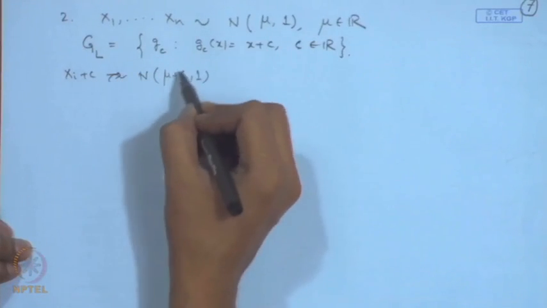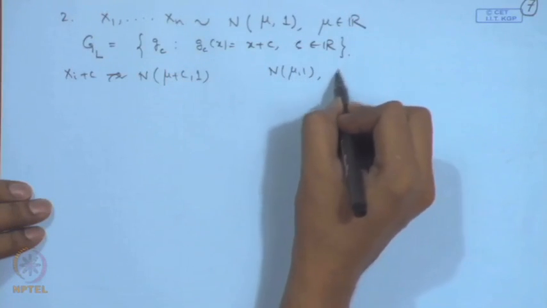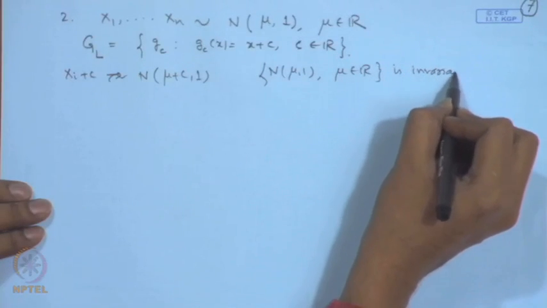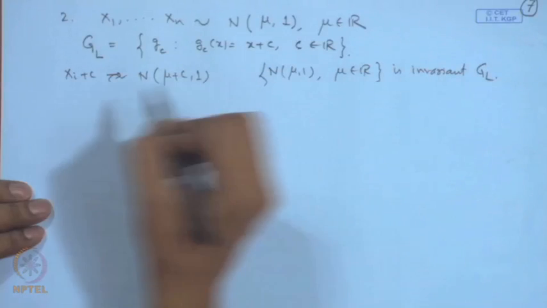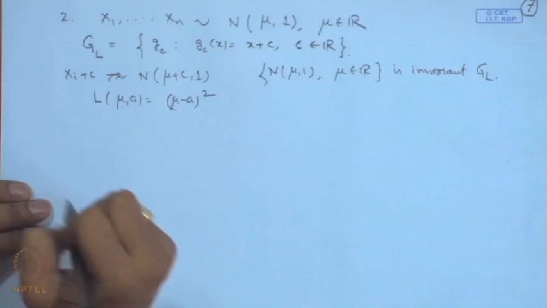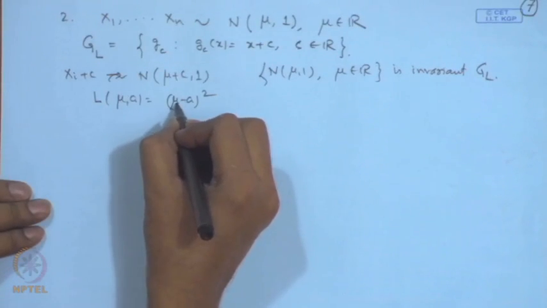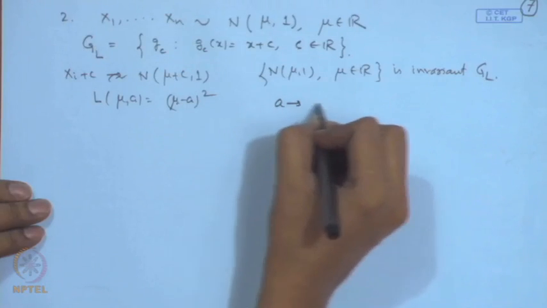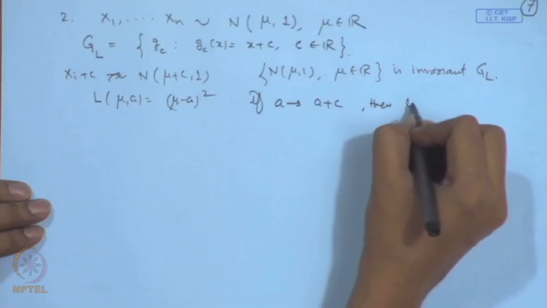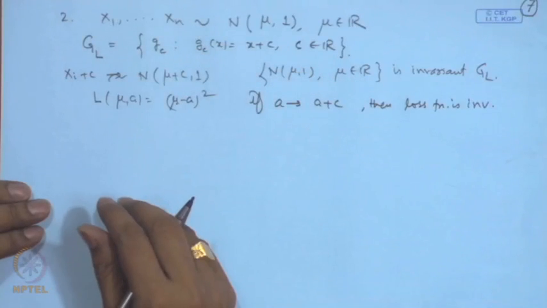So, if μ is a real number, μ + c is also a real number. So, the family is invariant under the location group. Let us take the loss function here as (μ − a)². Now, if μ goes to μ + c, a should go to a + c. So, if I take a going to a + c, then the loss function remains invariant, and therefore, the estimation problem is invariant.